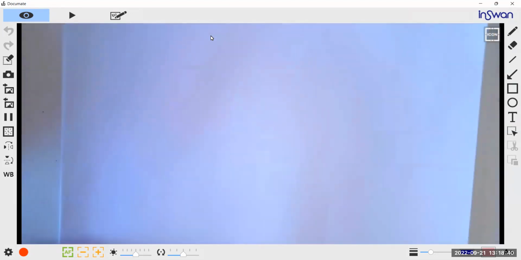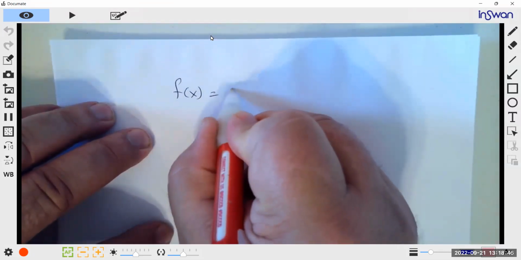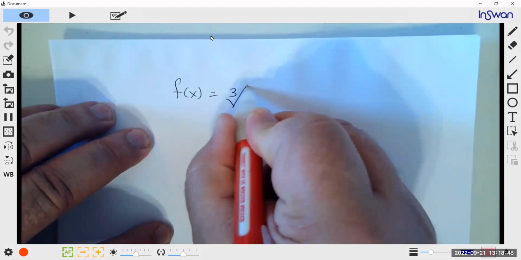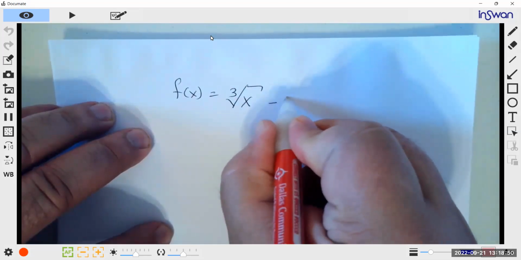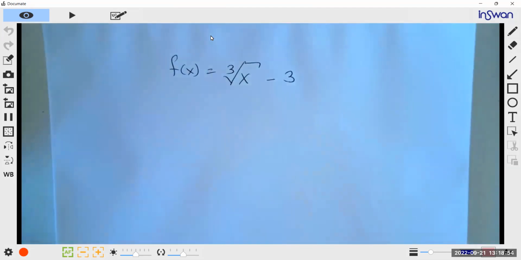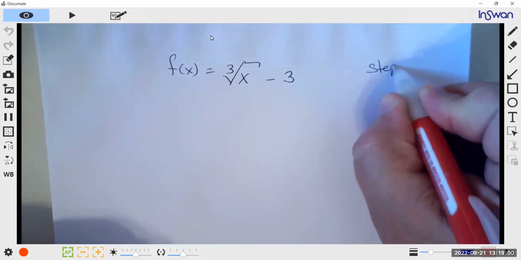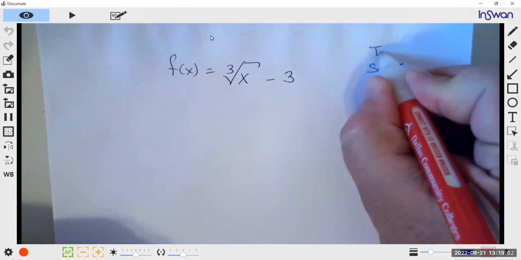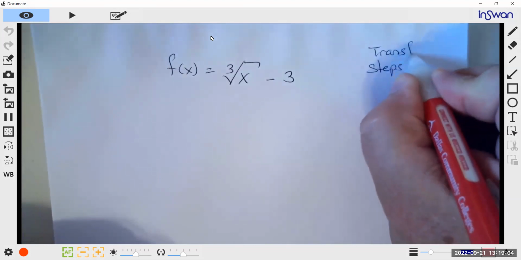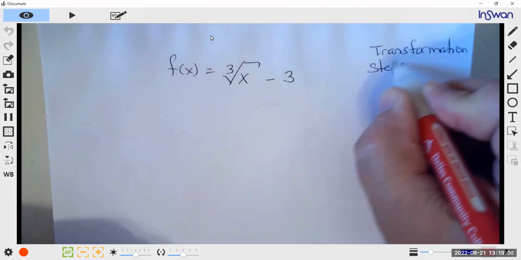Let's look at another one. Okay, first thing, here are the steps.